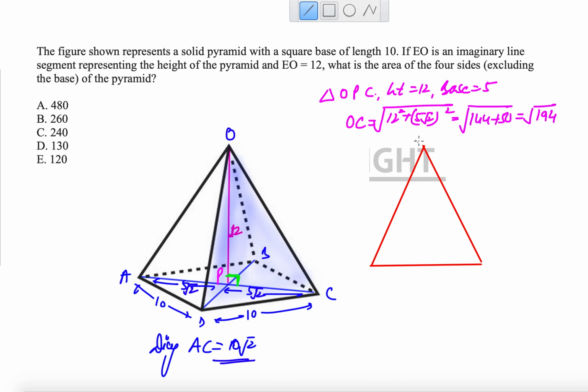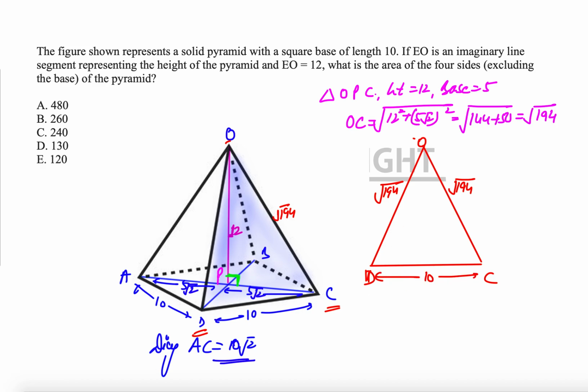Let's call this triangle O, D and C. This is D, this is C and this is O. So this blue shaded face is the face that I'm taking. Now all these slanted lines are equal to the square root of 194, which we have already calculated, so it's an isosceles triangle with two sides square root of 194 and the base DC equal to 10.